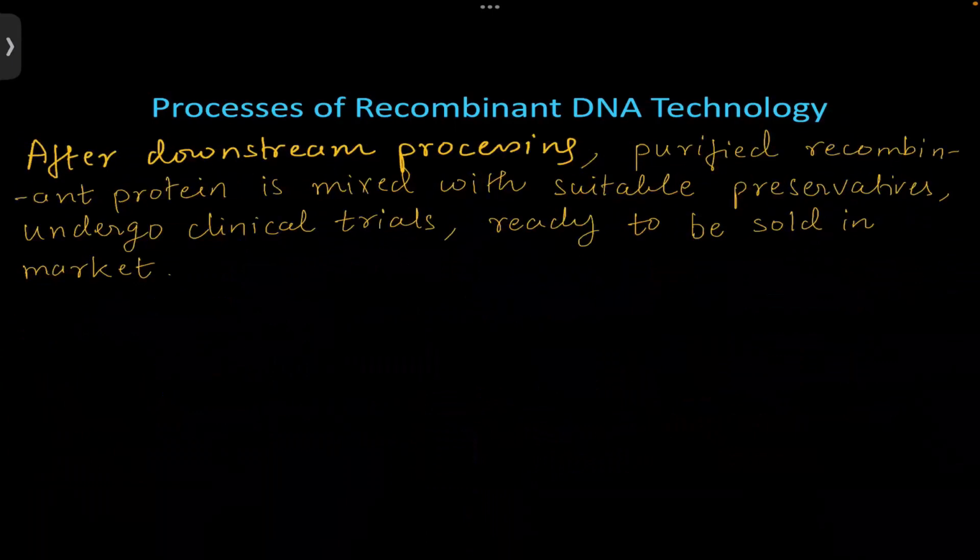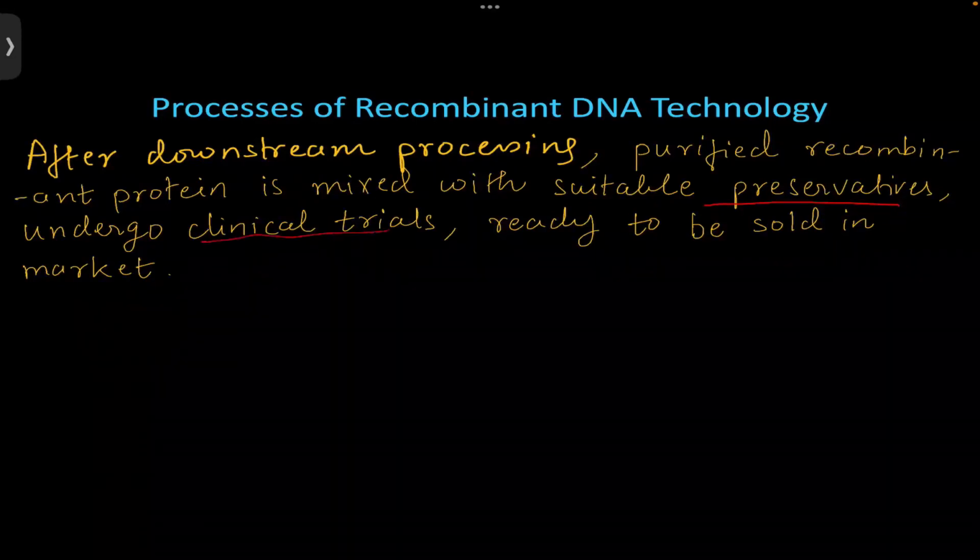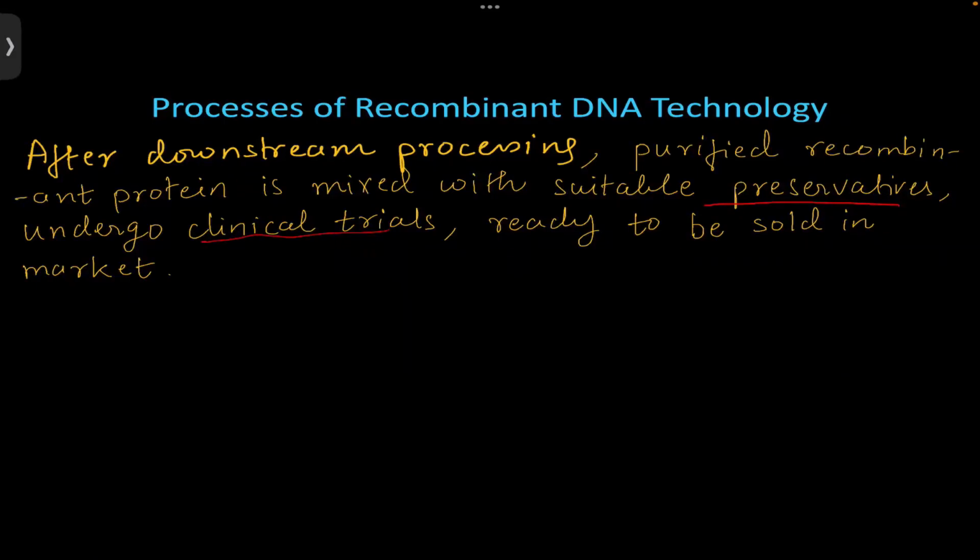Now, after downstream processing, the highly purified recombinant protein can be mixed with a suitable type of preservatives, which will increase the shelf life of your protein. Now you can take this product to clinical trials, where it will be tested on humans to check whether or not it is safe for use.